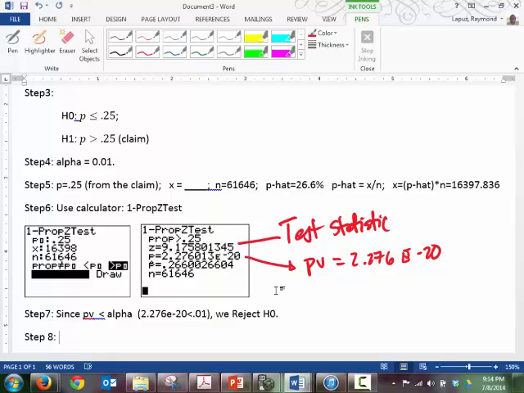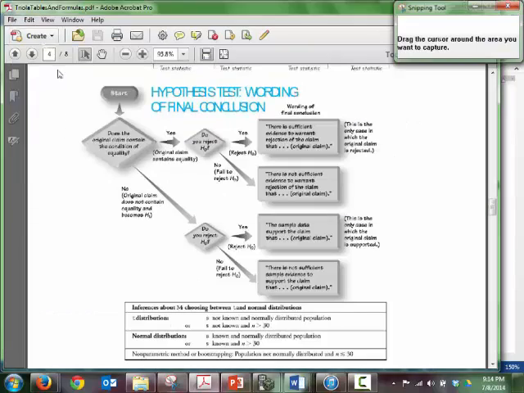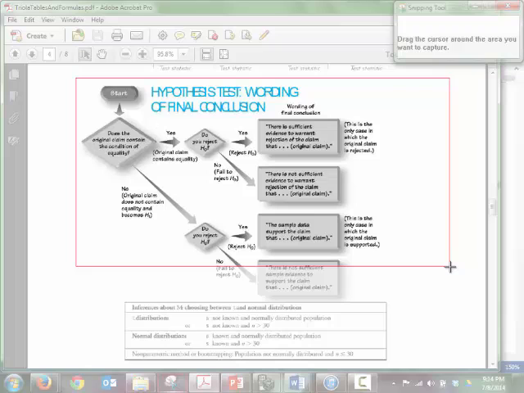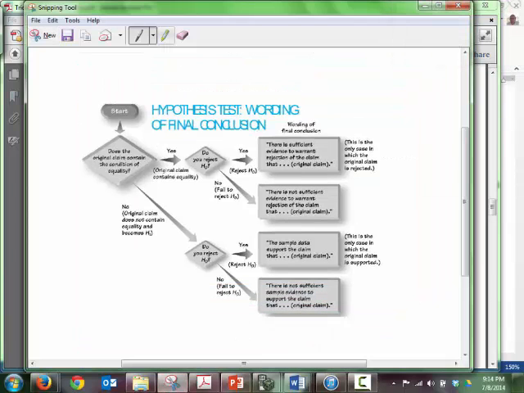So, based on our table, does the original claim contain the condition of equality?